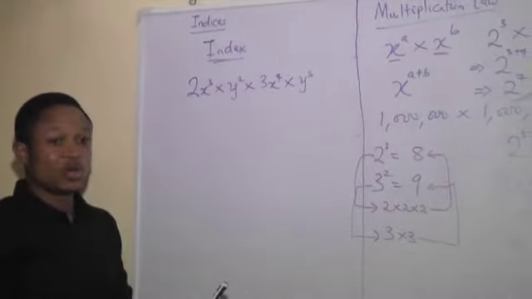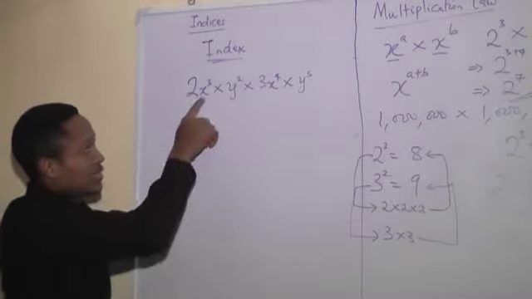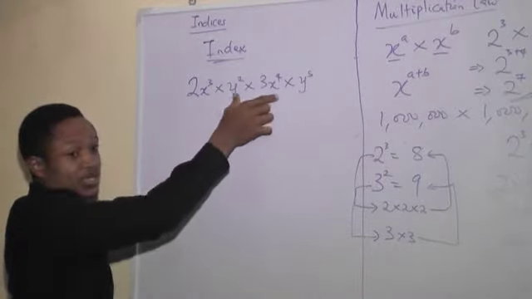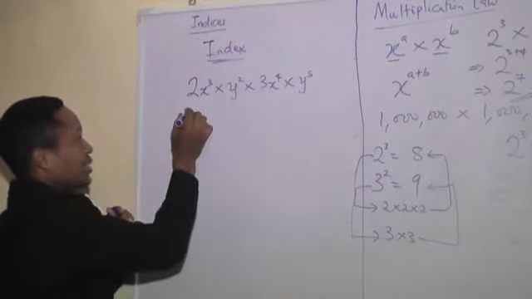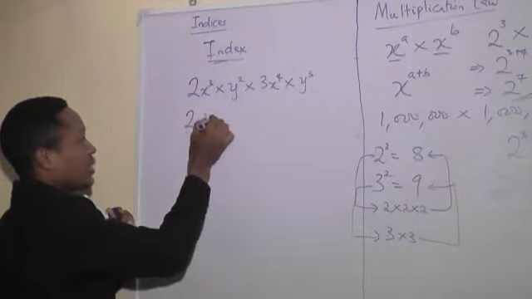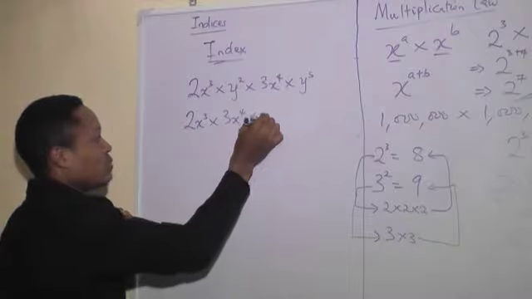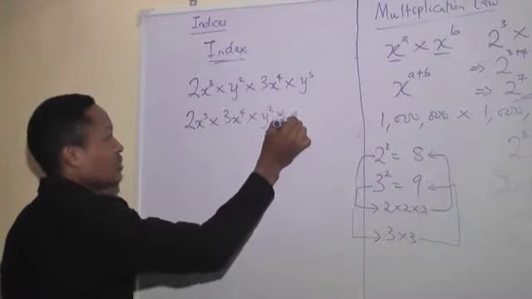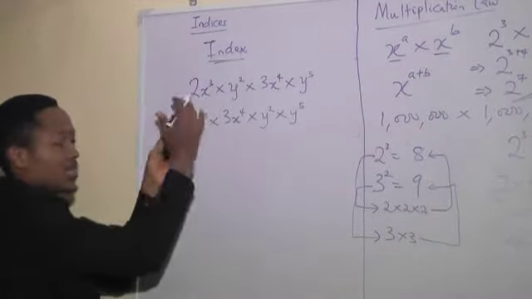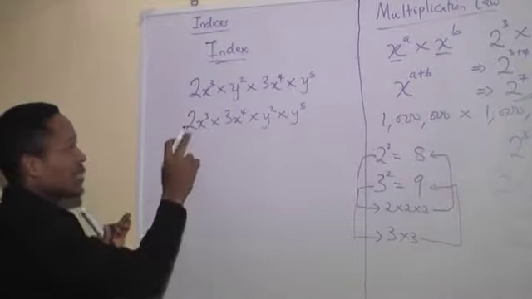Now, based on our law, we know that x and x here have the same basis, so we can simplify them and write 2x raised to the power of 3 times 3x raised to the power of 4 times y raised to the power of 2 times y raised to the power of 5. I just collected my like terms.